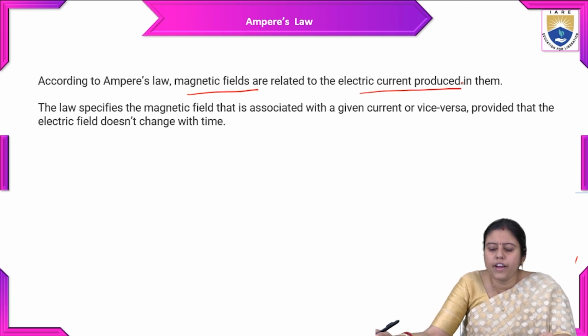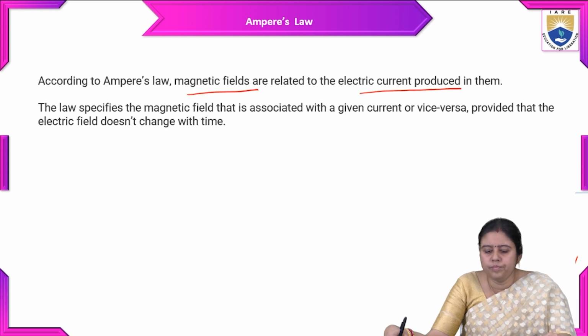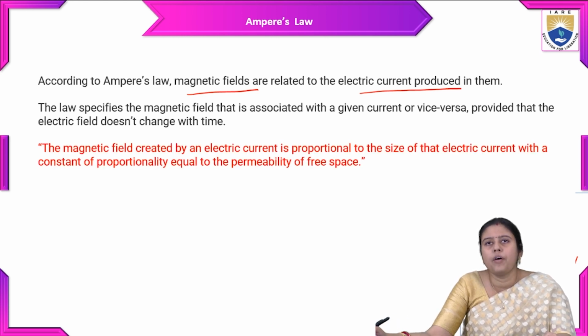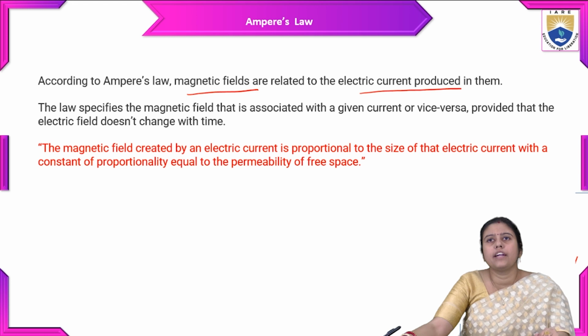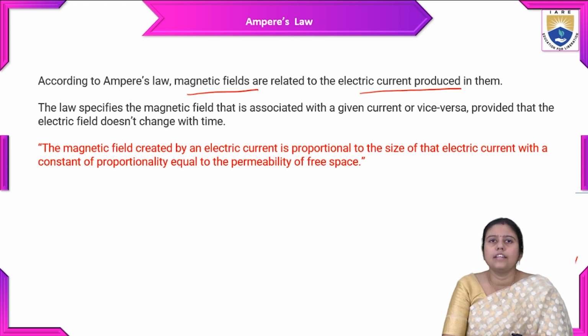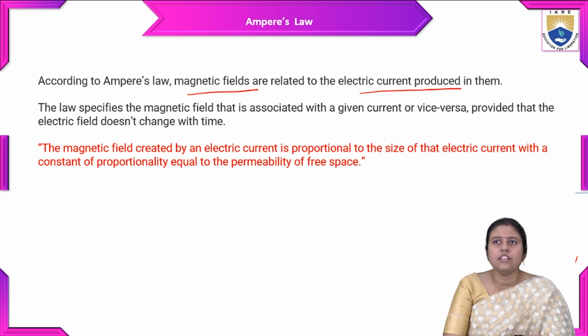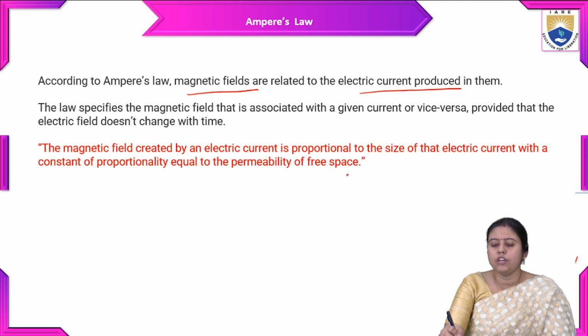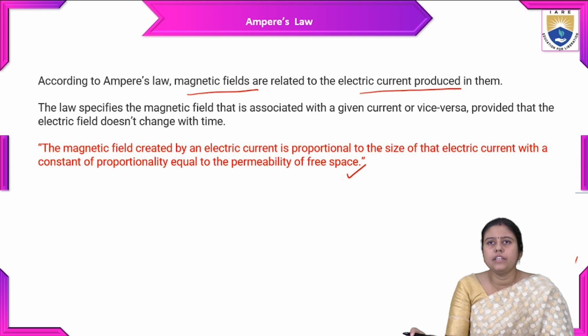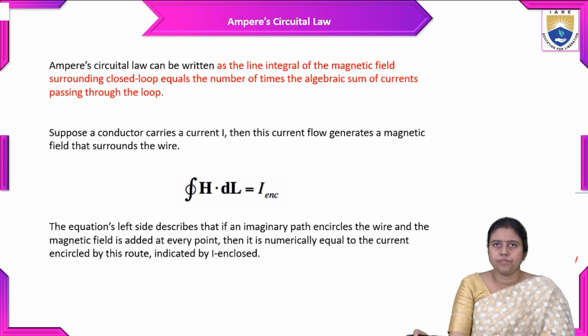This law specifies that the magnetic field is associated with a given current or vice versa. The magnetic field created by an electric current is proportional to the size of the electric current, with a constant of proportionality equal to the permeability of free space.